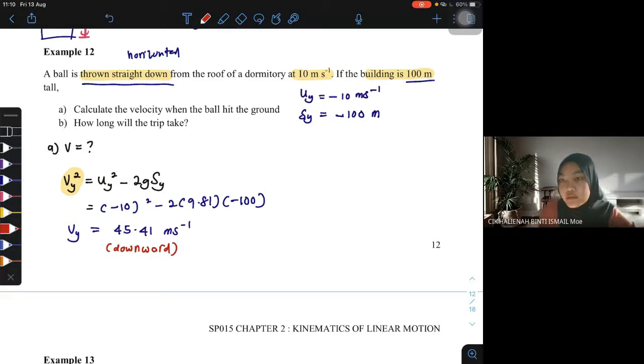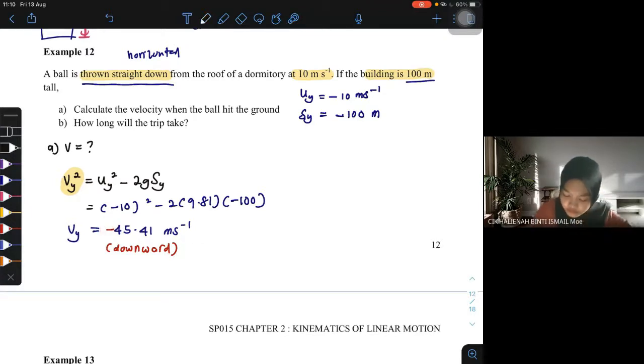Kamu kena tahu dia punya pergerakan tu macam mana. So apabila dia downward, automatic dia adalah negative. Walaupun dalam calculation kamu tidak dapat negative, tetapi kamu kena tahu direction tu adalah downward. Sebab negative dekat sini just to show the direction only. So kena letak negative dekat jawapan akhir.